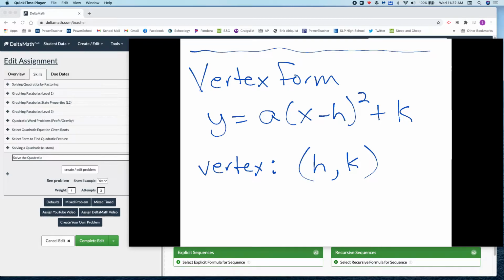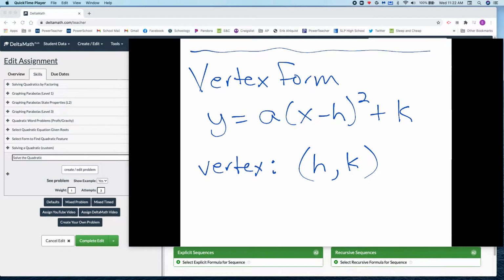That's the tip of the parabola. It's really handy when you're trying to figure out where this graph is changing, what the maximum is, what the minimum of the graph is. We'll go over those in a second. What the tip of the parabola is, and which side it's increasing or decreasing.